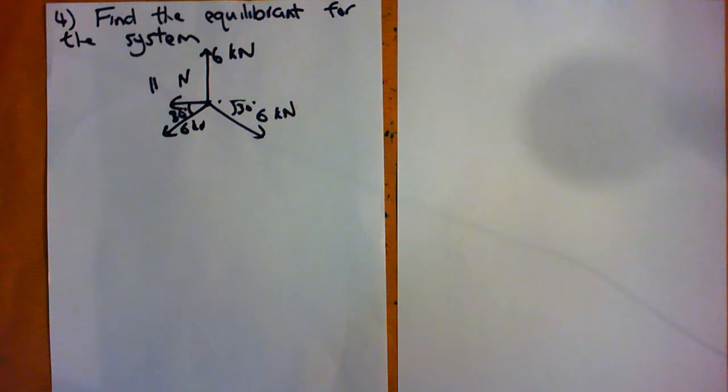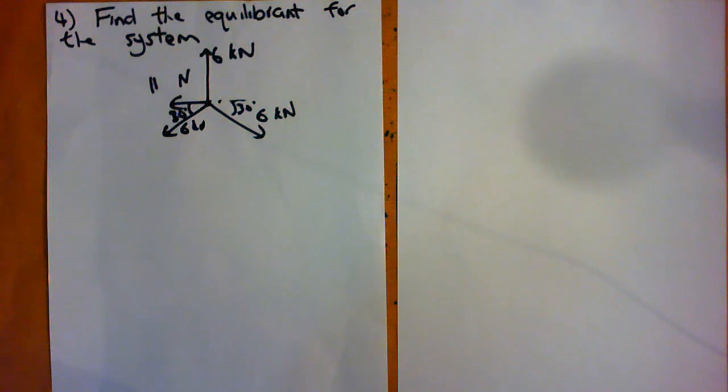Now we're looking at the equilibrant, which means we're looking at adding in an extra vector that makes the resultant 0. So this extra vector would need to cancel out any resultant from the existing vectors. It therefore needs to point in exactly the opposite direction, and it needs to have the same length.